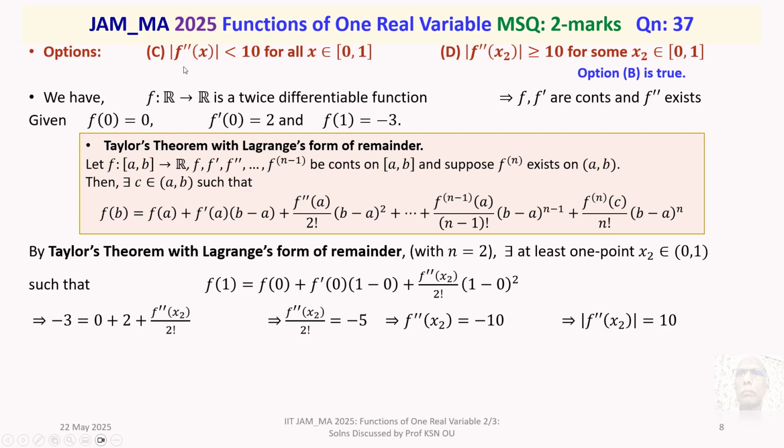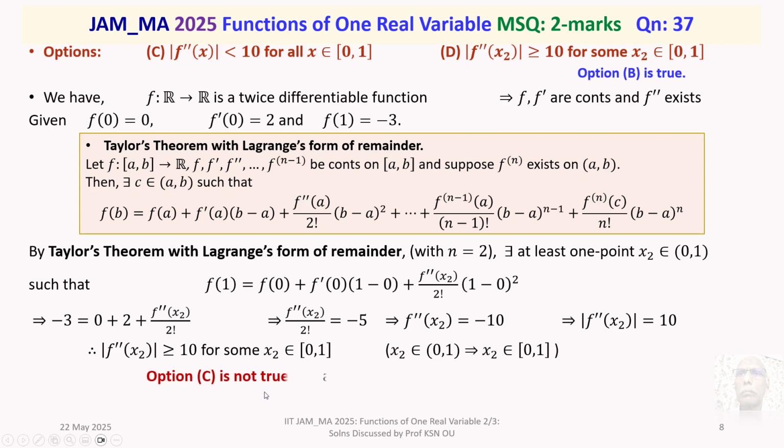Therefore, option C is false. This is so for some x2 belonging to the closed interval 0 to 1. No worry, x2 belonging to the open interval 0 to 1 implies x2 belongs to the closed interval 0 to 1. So this is true. Therefore, option C is not true and option D is true.